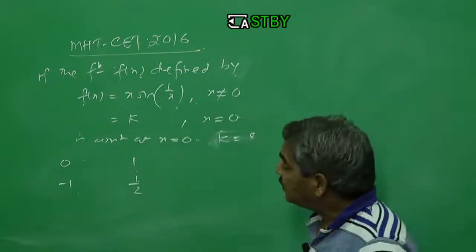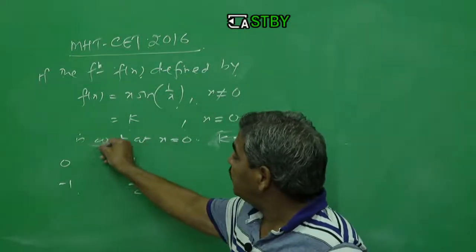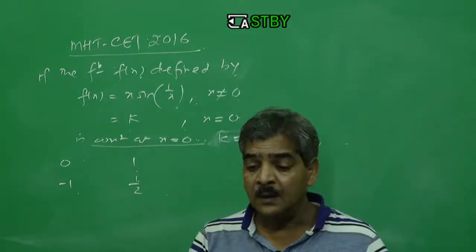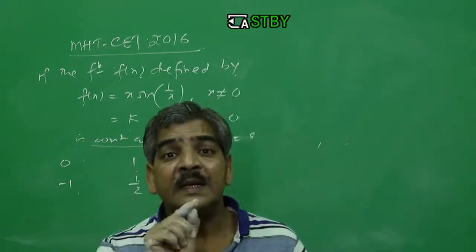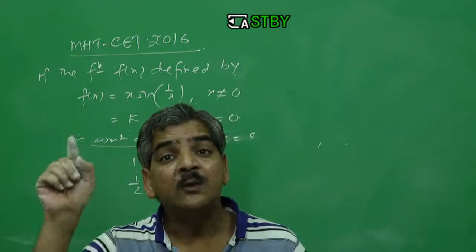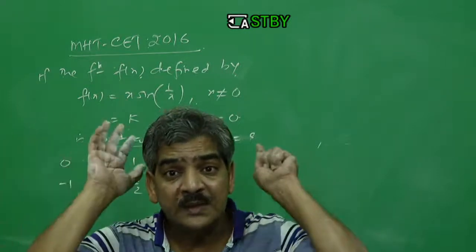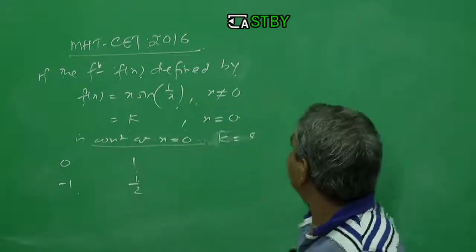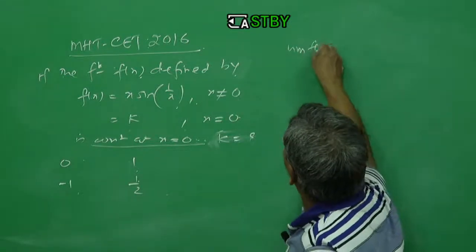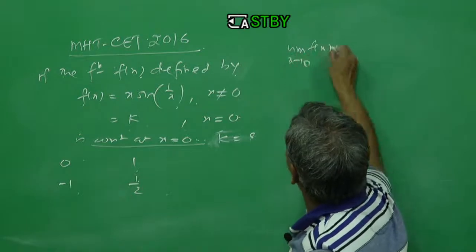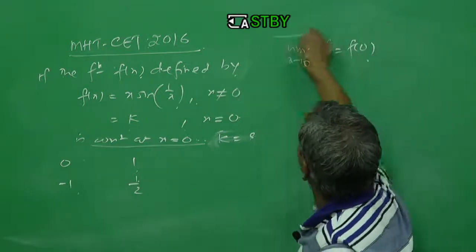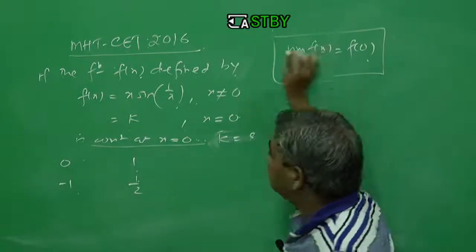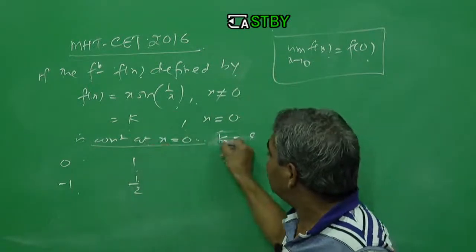Here the function is given to be continuous at x is equal to 0. What does that mean? The limit of the function as x tends to 0 is equal to f of 0. This is already given. Both values are equal. Using this information you are asked to calculate k.